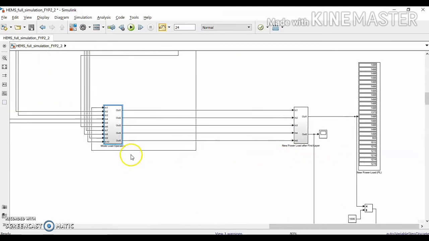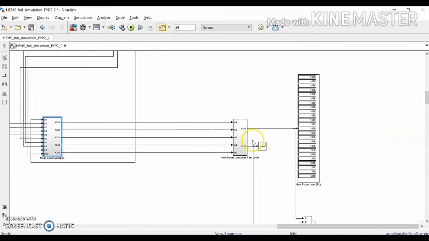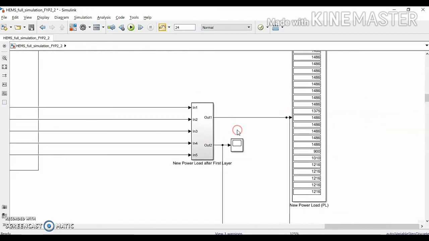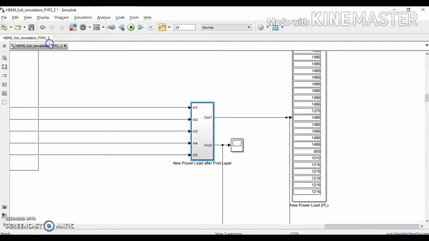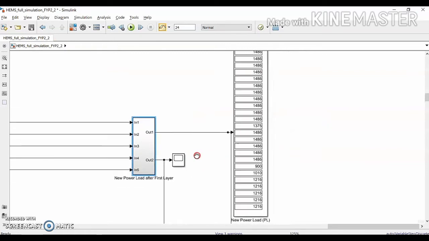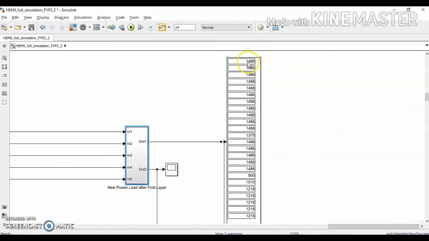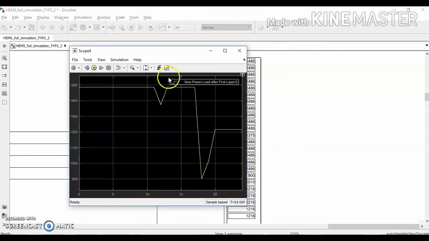After the modes have been operated, we get the new power load after the first layer. All of this is the first layer. After we add all of the modes, from 1 a.m. it is 1486. We can see that the night peak hour load has been shifted to the off-peak hour.